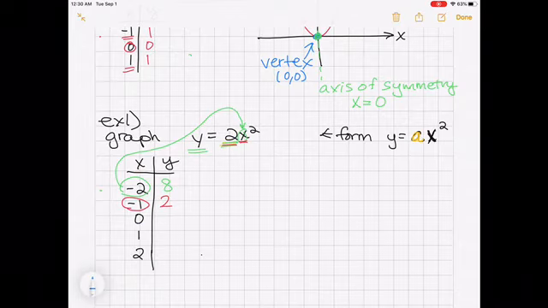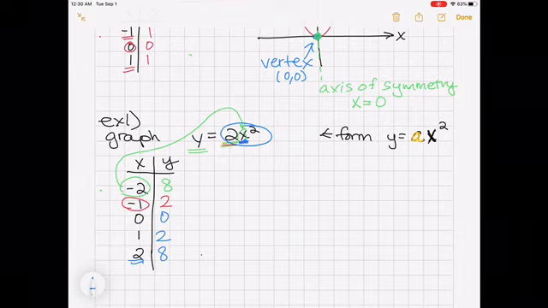Let's do 0. 0 squared is 0 times 2 is 0. You get the idea that anytime we pick a value for x, we have a value for y that comes out of the function. 1 squared is 1 times 2 is 2. Last one, 2. In for the x, we go 2 squared is 4 times 2 is 8.